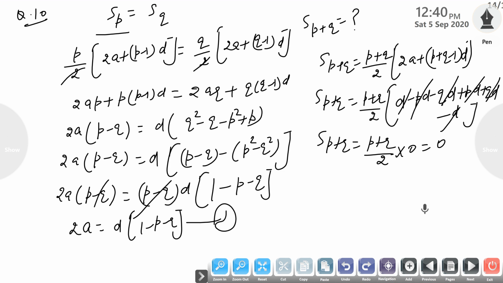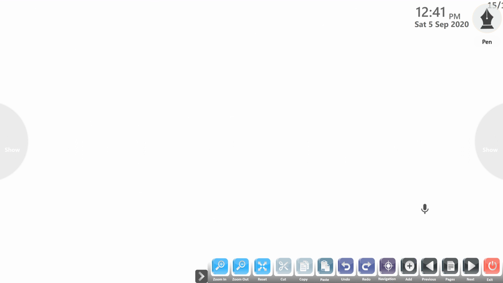Similarly, we can prove questions 11, 12, 13. See question number 14. Our question number 14 is: insert 5 numbers between 8 and 26 such that the resulting sequence is an AP.